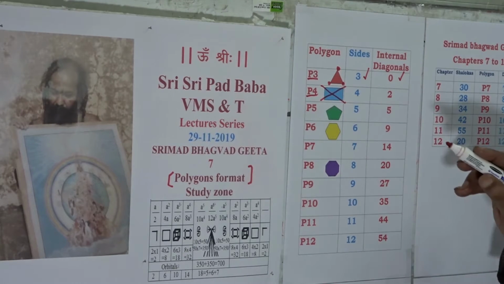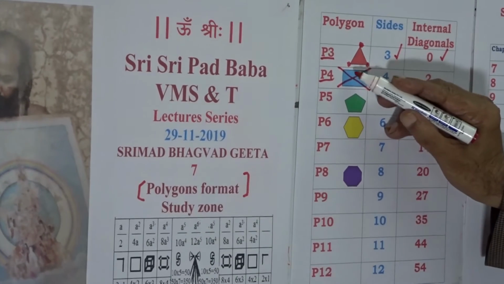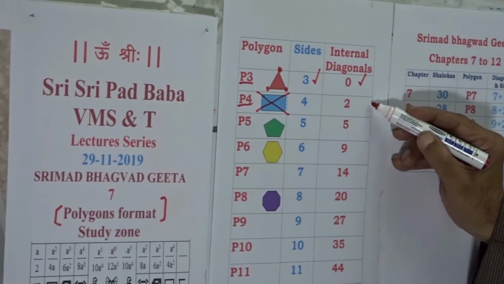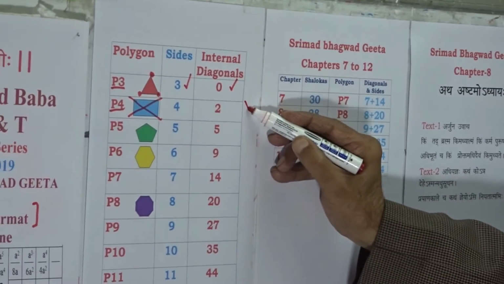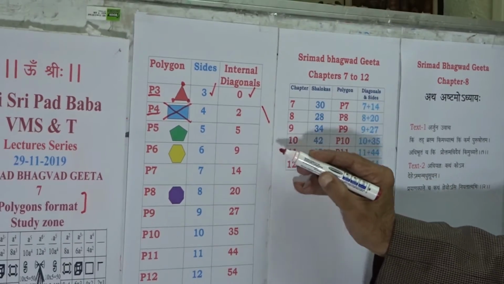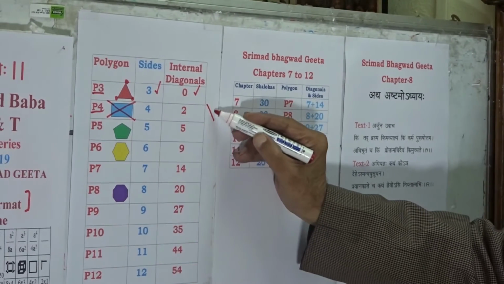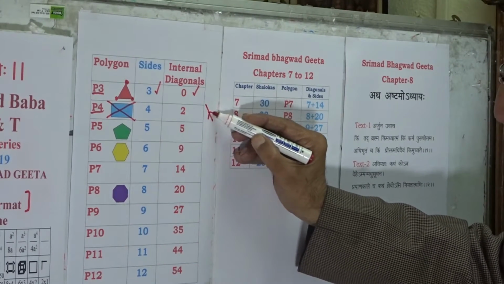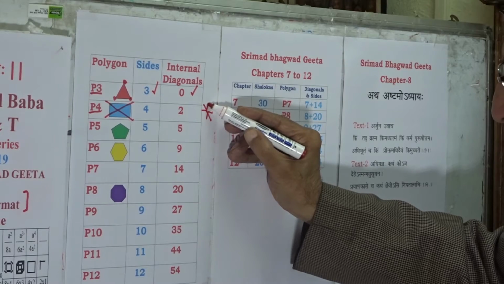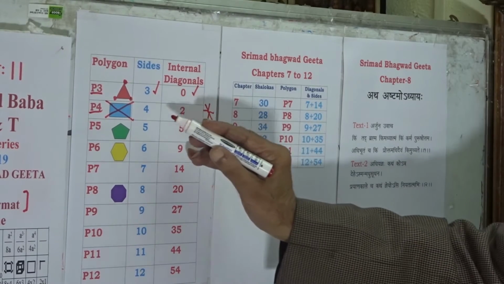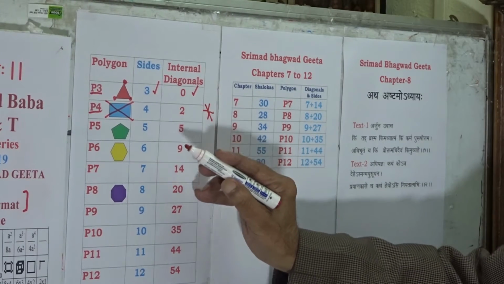Now from each vertex here we will have one internal diagonal. There are four sides, as such there will be four diagonals. However, the pair of orientations of a diagonal with their superimposition, there will remain only two of them.